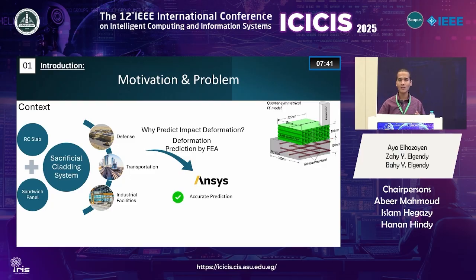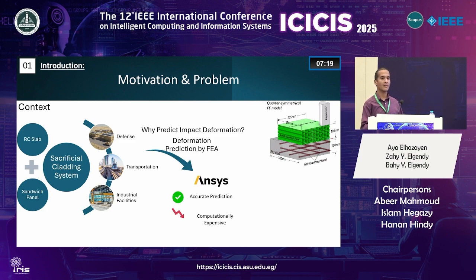The typical way of analyzing such systems would be using finite element analysis software such as ANSYS or Abaqus in order to know how much damage or deformation occurs in the system, which is able to predict such deformation with great accuracy.